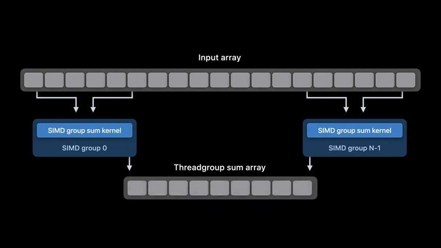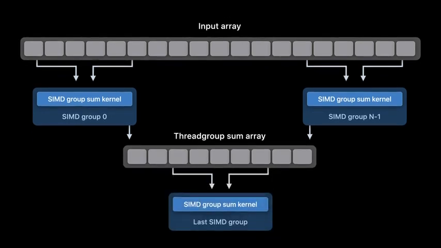Every SIMD group has a distinct ID that it can use to index into the thread group sum array. The last executing SIMD group in the thread group uses the SIMD_SUM instruction again to get the final sum. By using SIMD_SUM, we have decreased the number of thread group barriers and the usage of thread group memory. The SIMD_SUM instruction also gets executed only once to compute the sum of all the threads in the SIMD group.